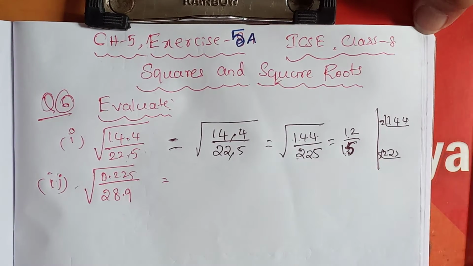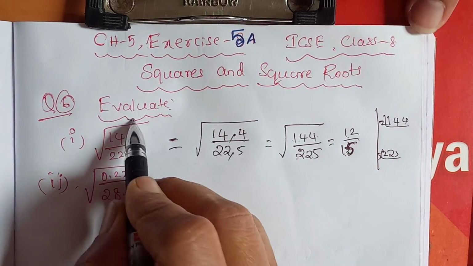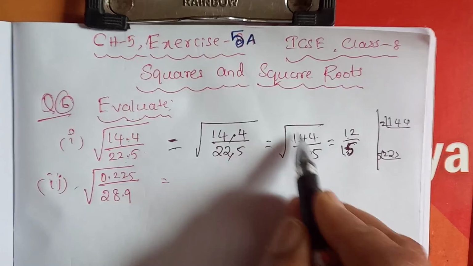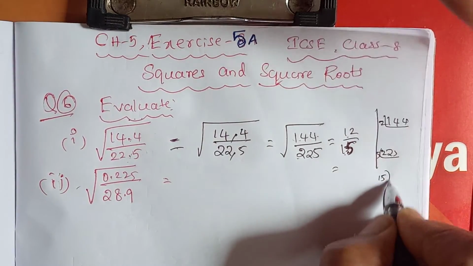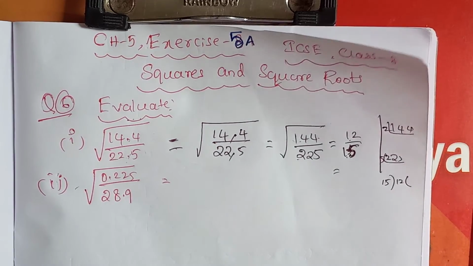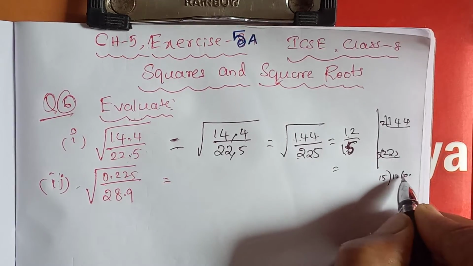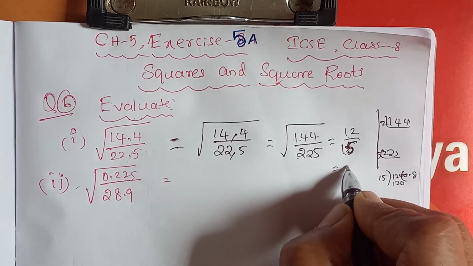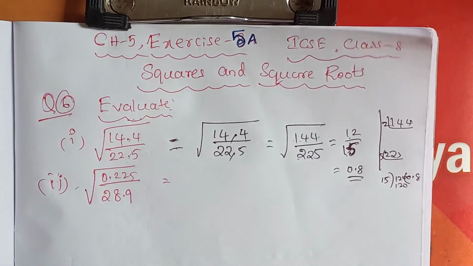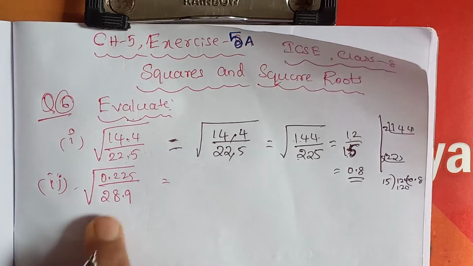Okay, so here children, evaluate, he said. It's not completely a square root. Let us complete this answer, children. 15 you divide by 12. 0.12 eights, 15 eights are 120. So 0.8 is the answer for the first one.